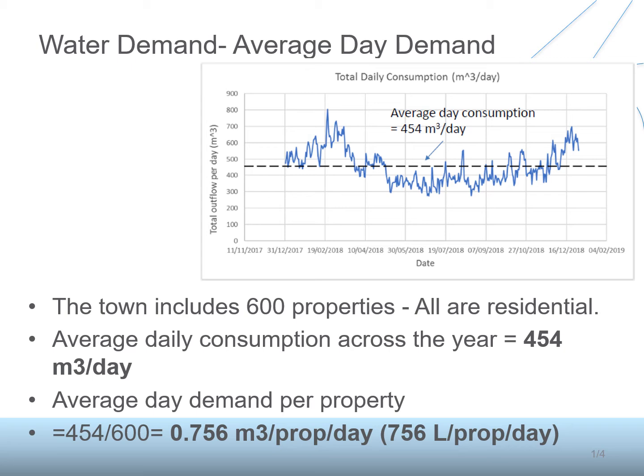If you know the number of population per property, maybe 2 or 2.5, 3, that you can get from the statistical bureau of the particular country or local council, then you can use that to get the per person water usage.